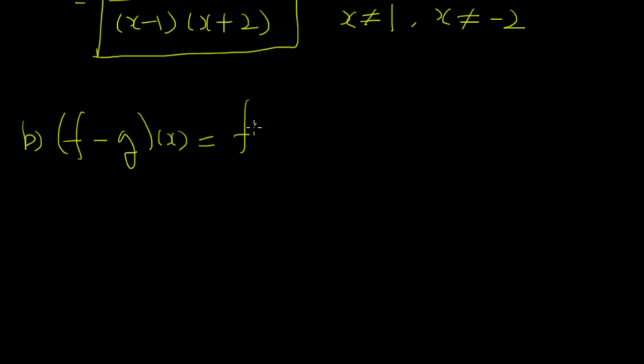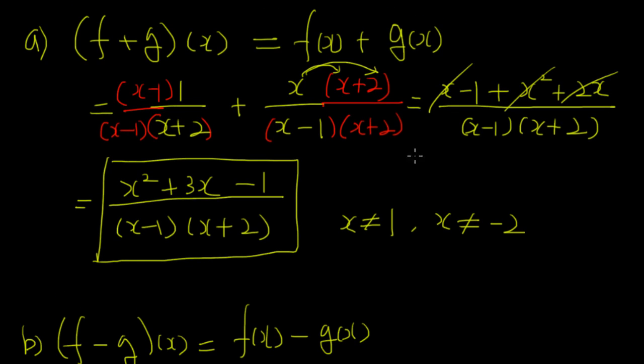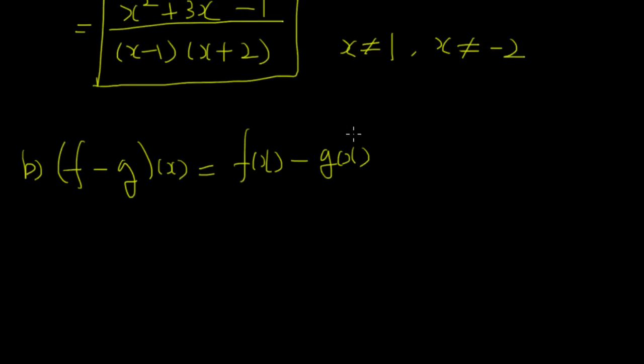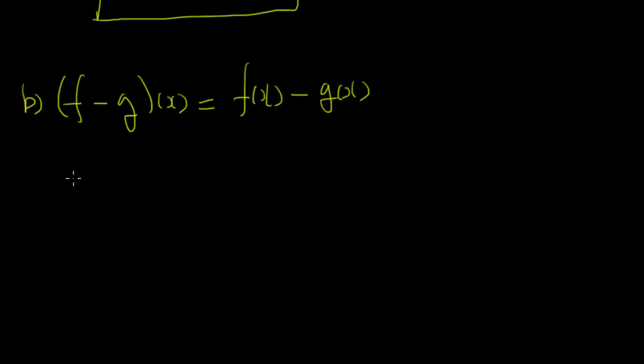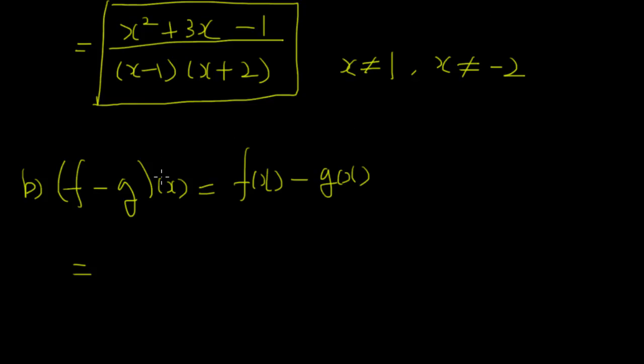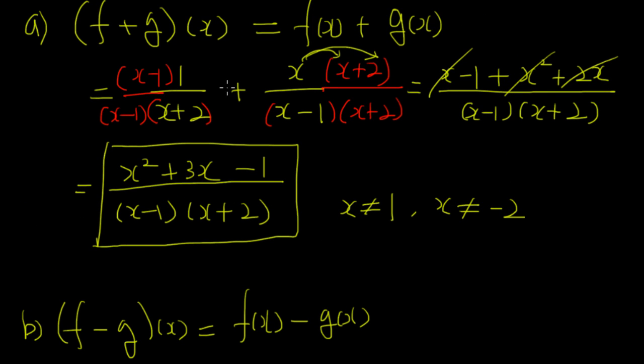So this would be f of x minus g of x. This is exactly the same as the previous one, except this time this is going to be negative. The setup and everything is exactly the same. Because this is minus here, that's going to be minus there.